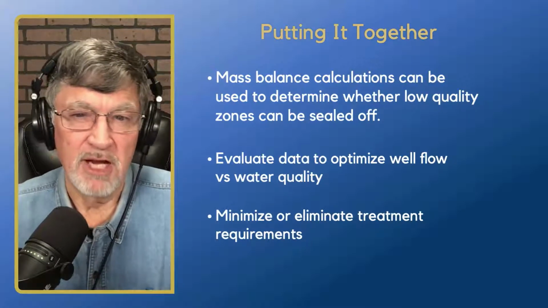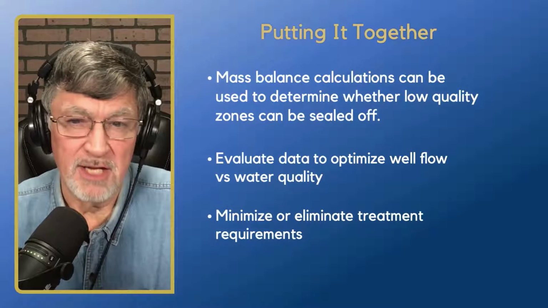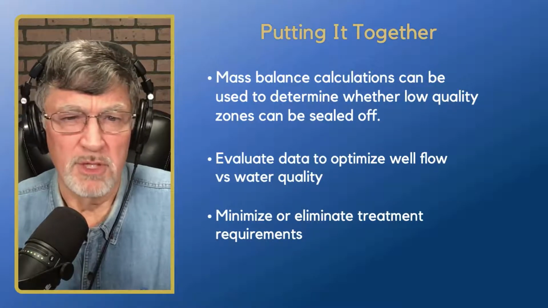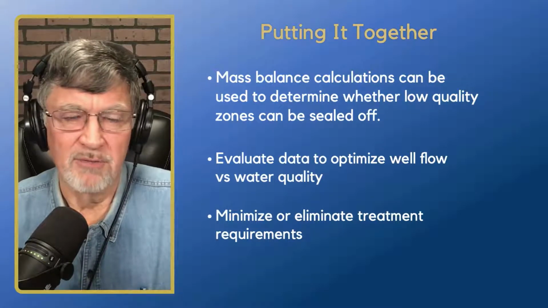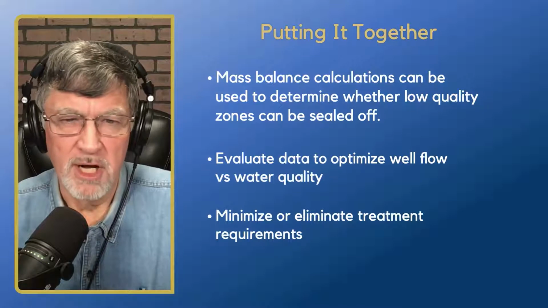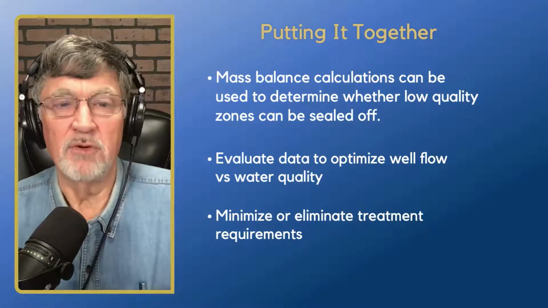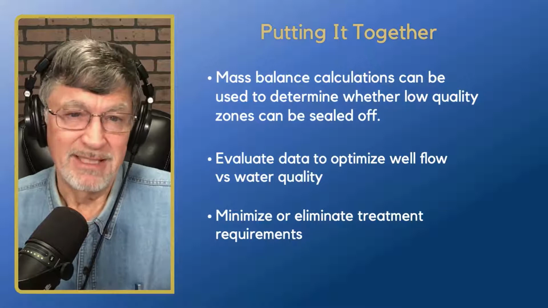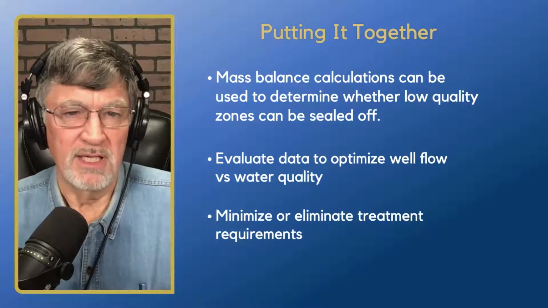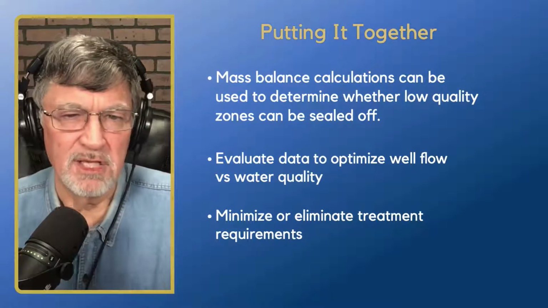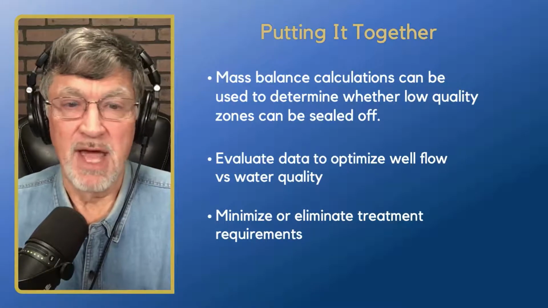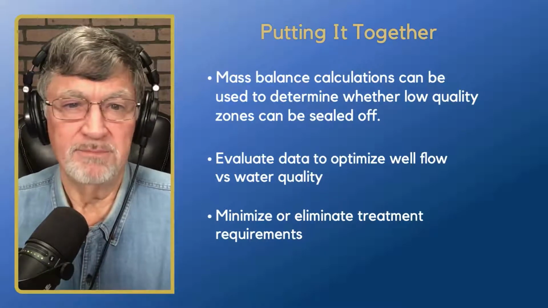And we may be able to actually minimize or even eliminate treatment requirements if we do this right. We may need to sacrifice some flow in our well, but if we eliminate the need for an expensive treatment plant, then that can be well worth it. That's a decision that needs to be made based on the data. How much of an improvement can we make?